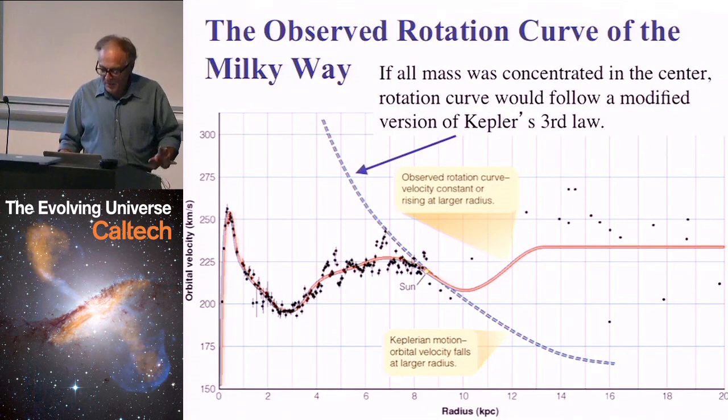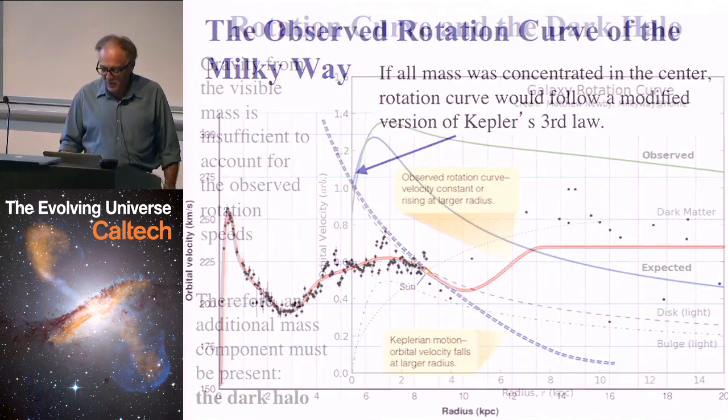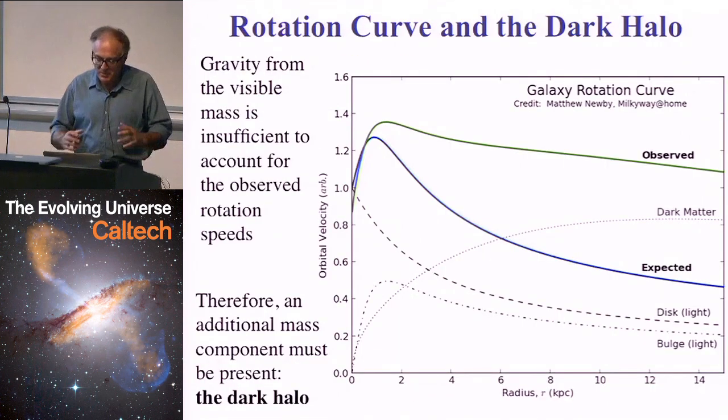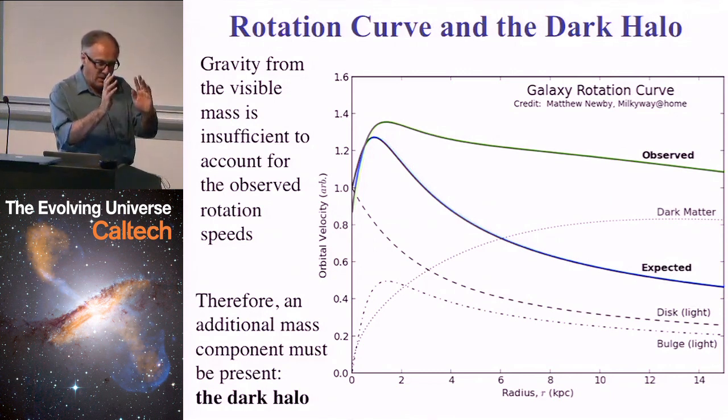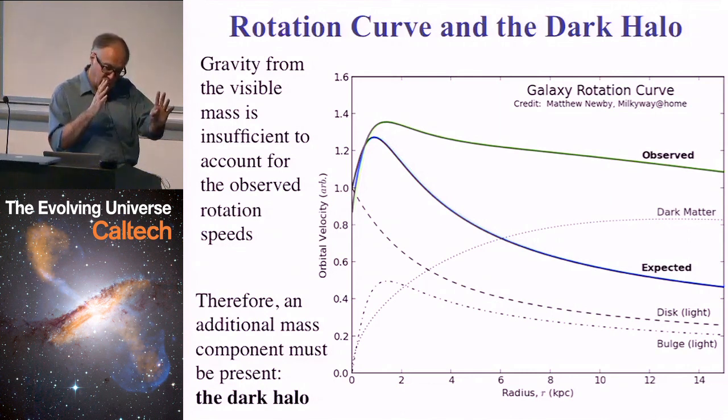So if all the mass was squished in the middle, it would be just like a solar system. Every star would be zipping around a gigantic black hole, but that's not the case. So when you actually decompose this, you add up all the stars and gas that we see and ask, okay, there is this much mass. I'm now going to compute the gravitational potential as a function of radius.